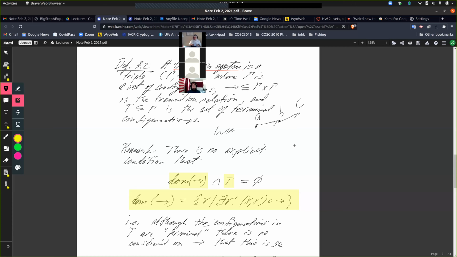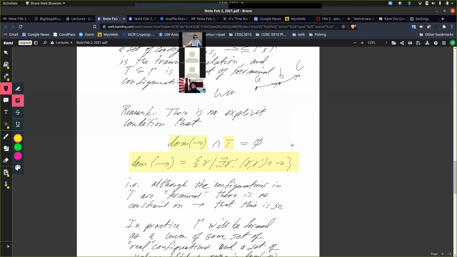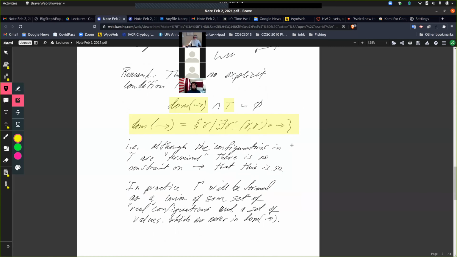So there may be some kinds of consistency constraints on these systems, but Huttel doesn't really worry about that because he's never going to define one that has that problem.